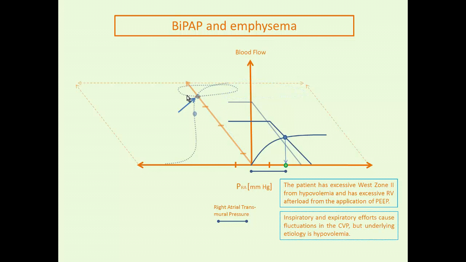So they start generating negative pleural pressures during the spontaneous breath, and they're not as negative. They don't shift to the left as much because of the application of positive pressure, but the expiratory pressures may increase with the positive pressure. So those patients are going to breathe with this pleural pressure change. Again, it's intrathoracic pressure on the x-axis.